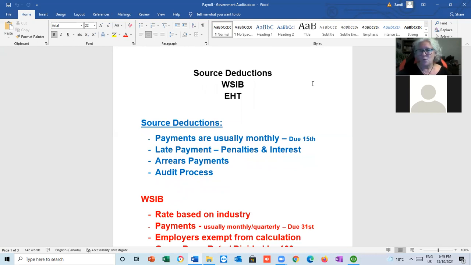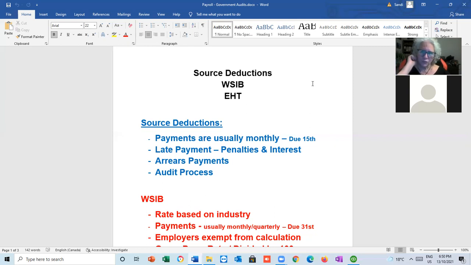So if you pay your source deductions online, you want to pay in advance. Now, there's nothing wrong with going online and setting up the payment for the 15th. That's fine. You just can't do it on the 15th. Otherwise you're into late payments, penalties and interest.